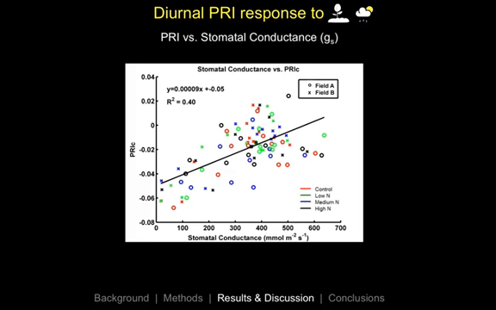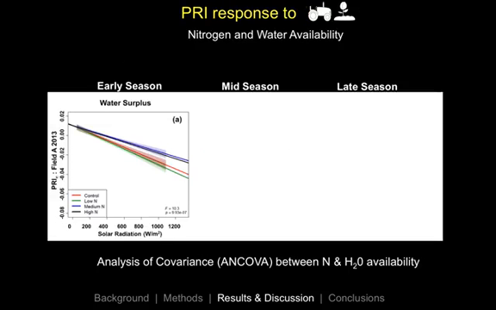And I have the colors here representing the fertilizer regime, and then the circles for our field A plot and the X's for field B plot. And you see that there's not really much of a trend here in fertilizer response or between our two water positions, but you do see that PRI-C does seem to respond to stomatal aperture closing and opening.